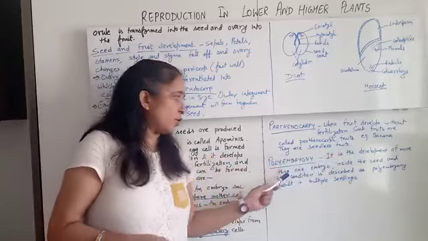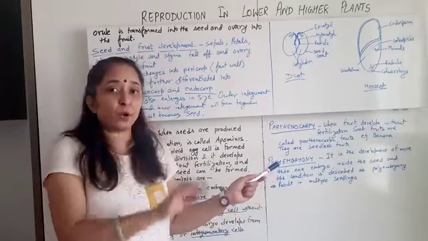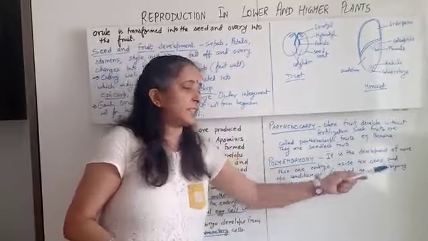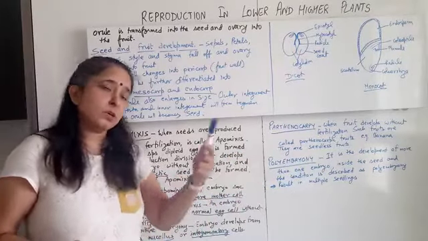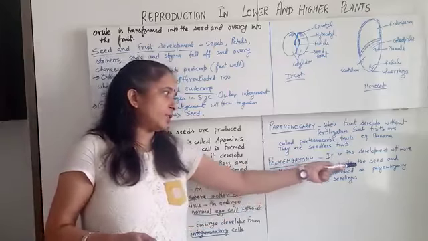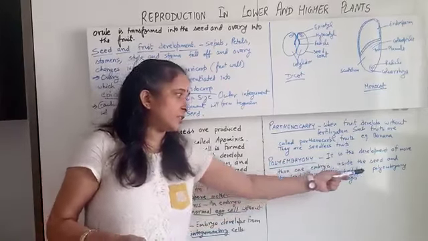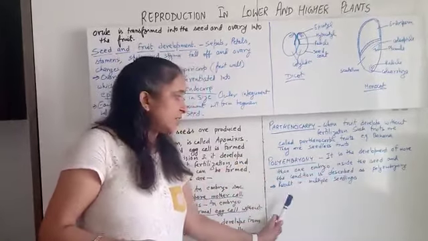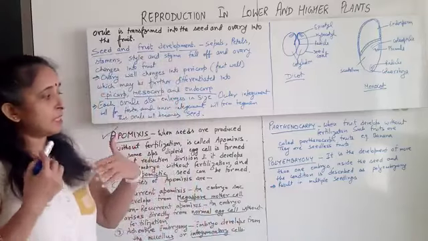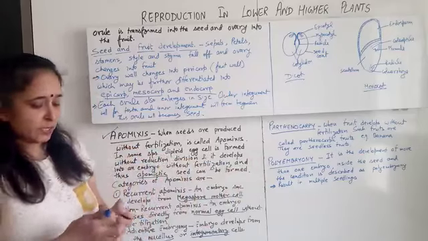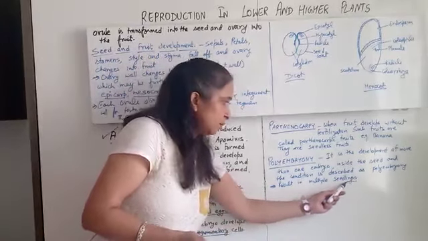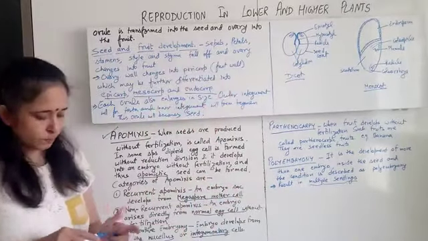It is the development of more than one embryo inside the seed. That condition is called polyembryony. The result is multiple seedlings. So because of this polyembryony, we can see multiple seedlings as the observation.